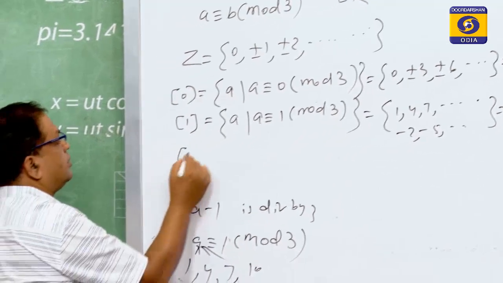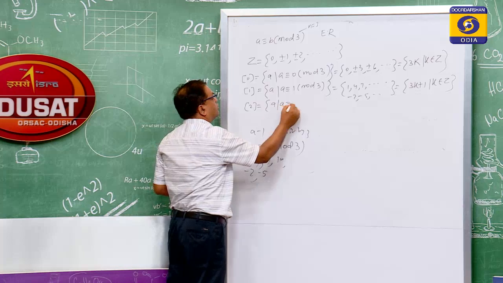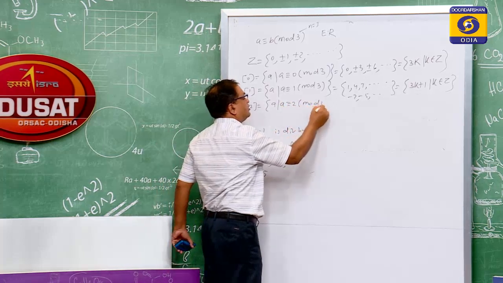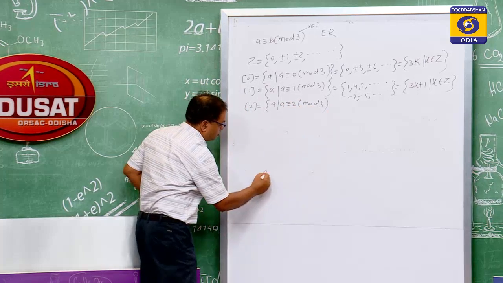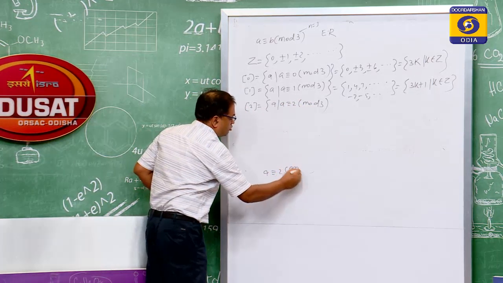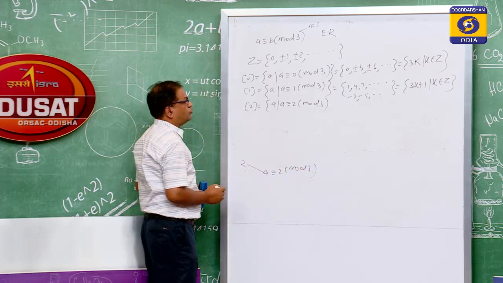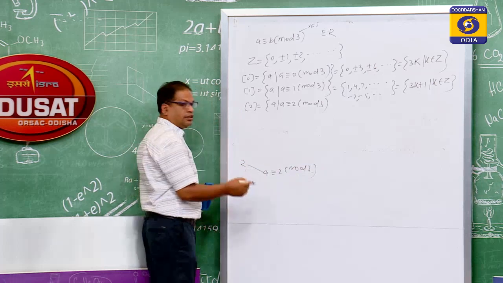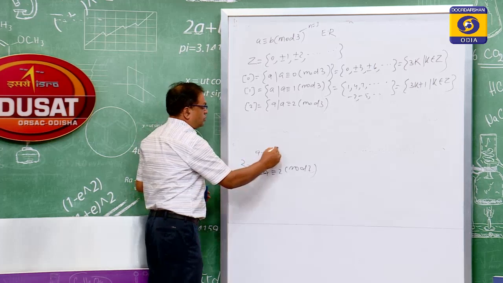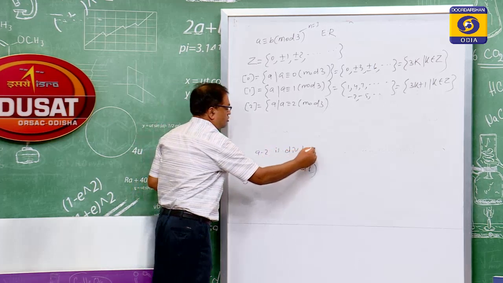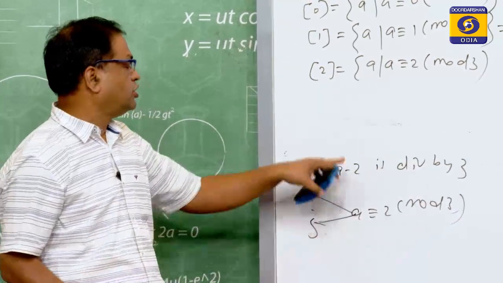Similarly, the equivalence class of 2 is the set of a such that a is congruent to 2 mod 3. That means the set of integers which are congruent to 2 mod 3. So, what will be the value of a? a may be 2, since 2 minus 2 is divisible by 3; 5 minus 2 is divisible by 3.